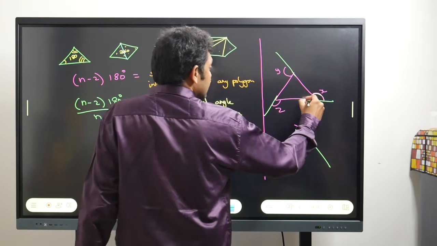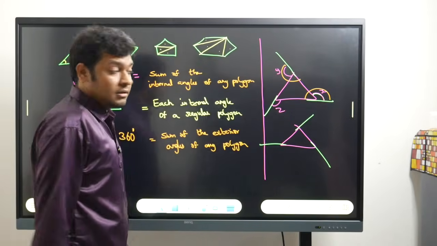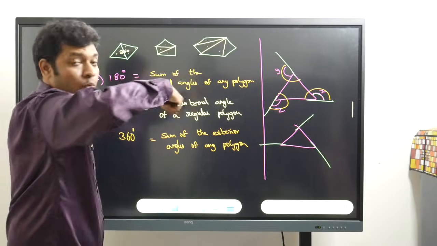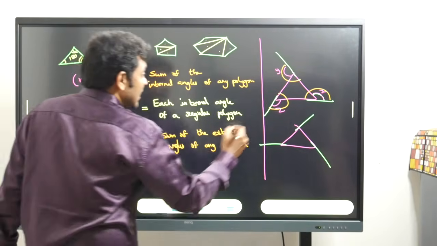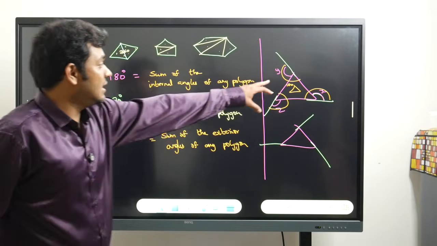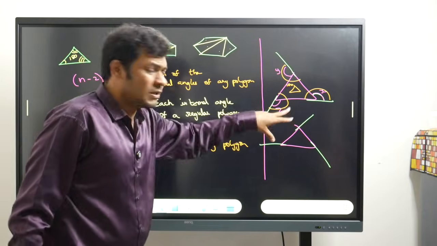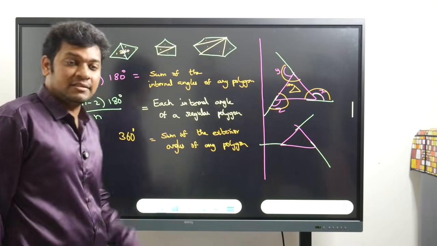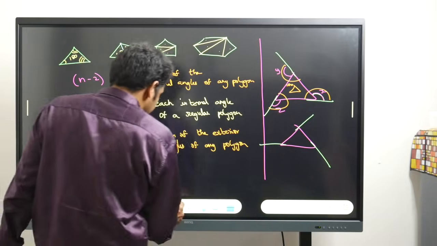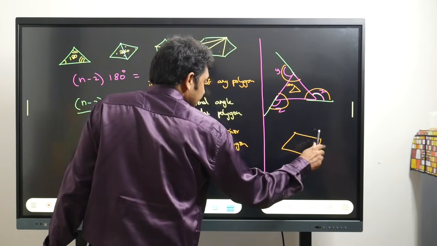We know this total is 180, this total is another 180, and this total is another 180, by linear properties. So we'll have 3 180s. I know this triangle's three interior angles give me 180. So 3 180s minus 1 180 is nothing but x plus y plus z. That gives me 2 180s, which is 360. Okay, if it's a 4-sided figure, say a quad, extend this like this.